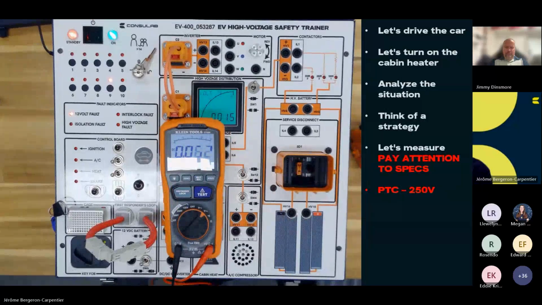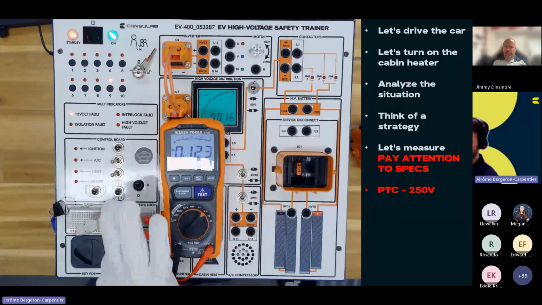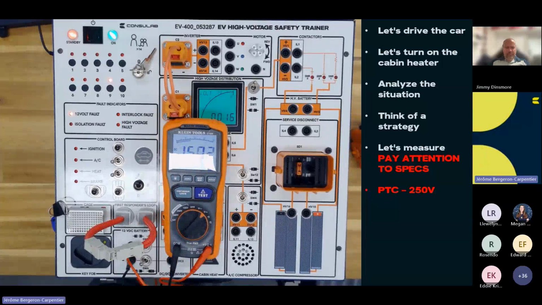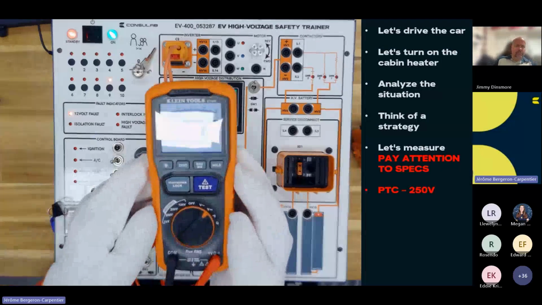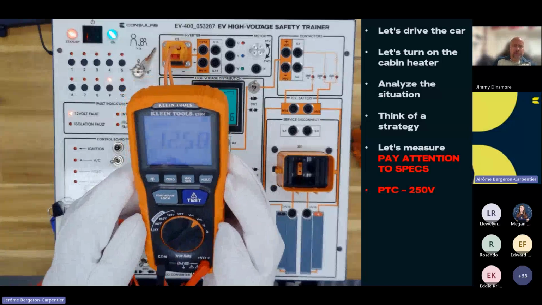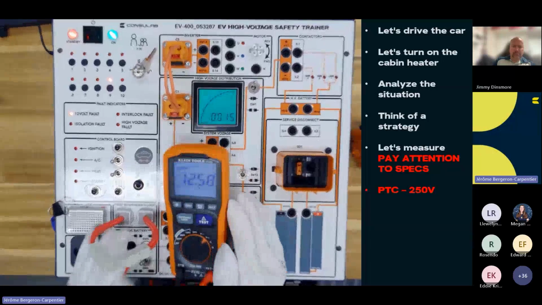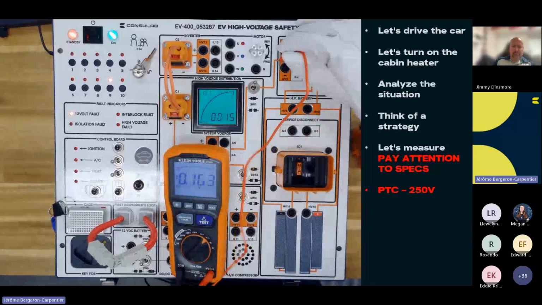So let's go, put it on the 12 volt batteries here. And as we can see, we have about 12 volts here. Let's switch back to the contactor, high voltage side.